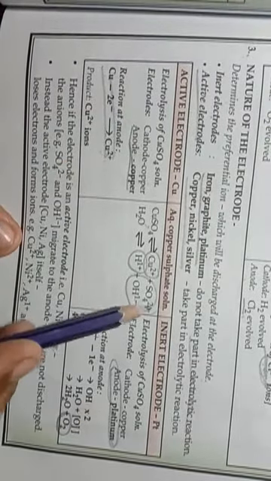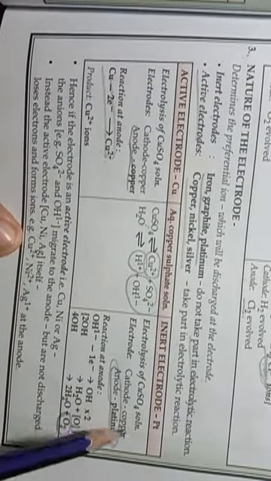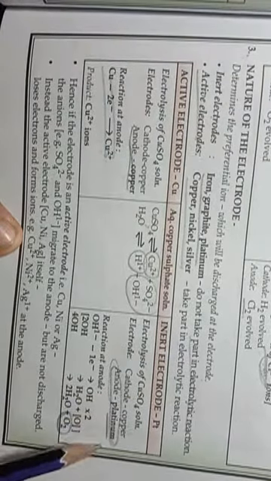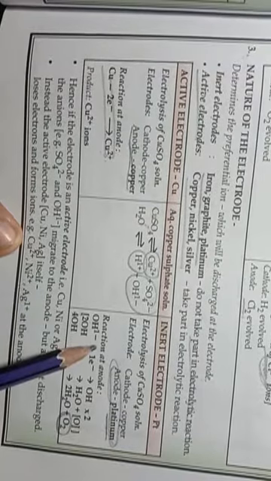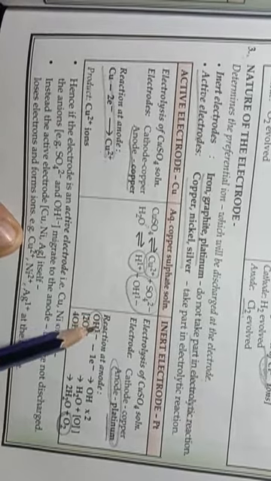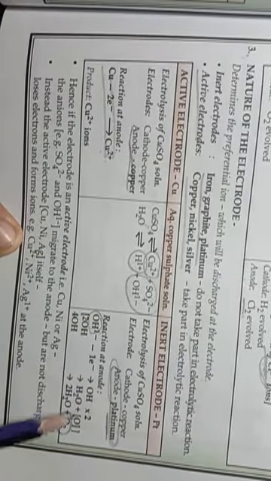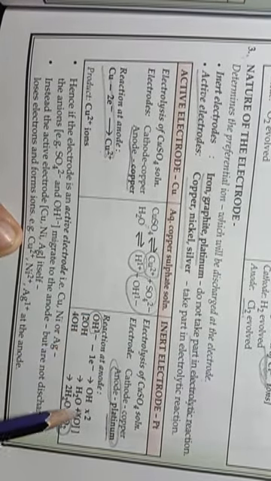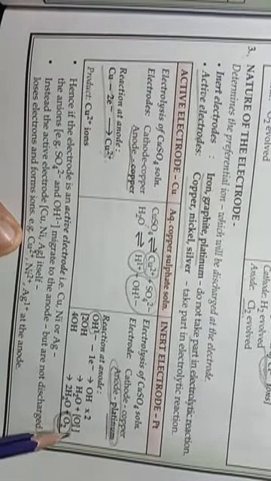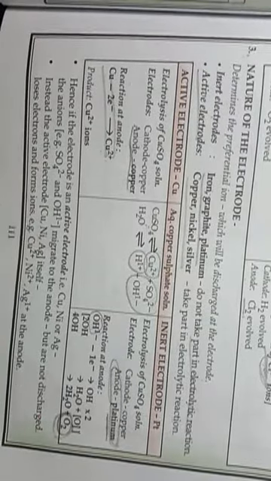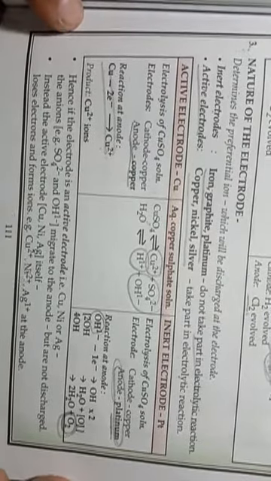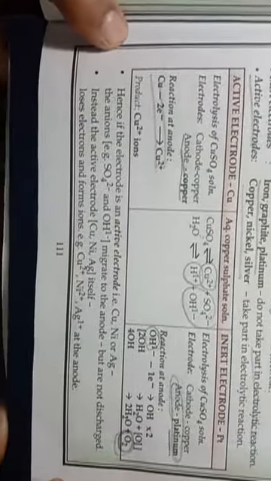But if you are electrolysing this solution in the presence of the inert electrode platinum, then the platinum will not take part in the reaction and OH minus ions will be collected at the anode, and due to the collection of these OH minus ions, the final product you will get is oxygen at the anode. Okay, so this is the difference, the difference of the product due to the presence of an active electrode or an inert electrode.